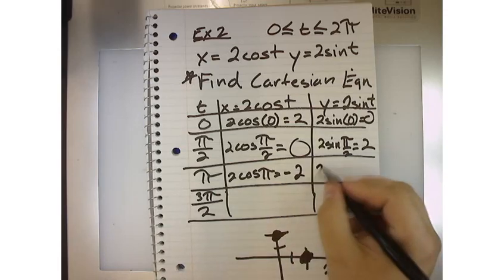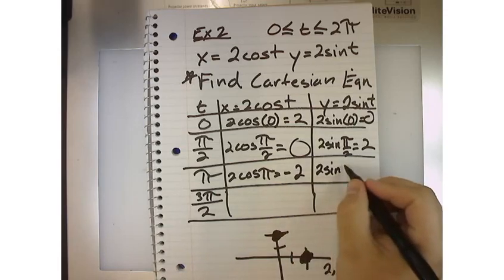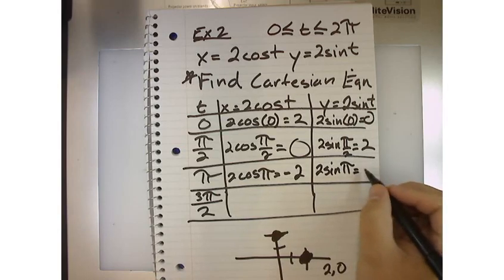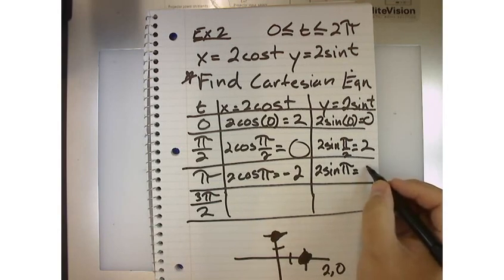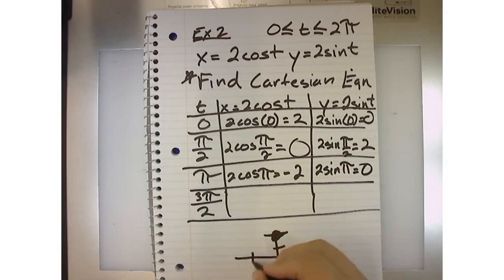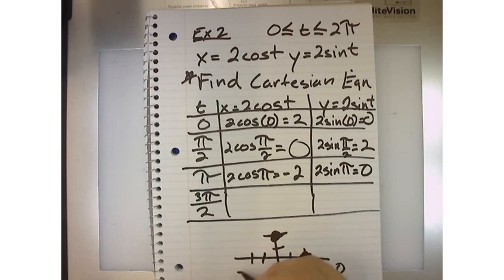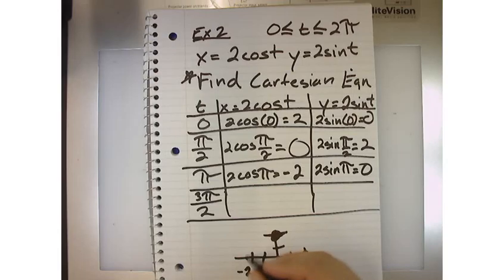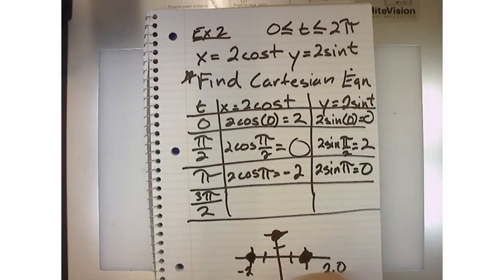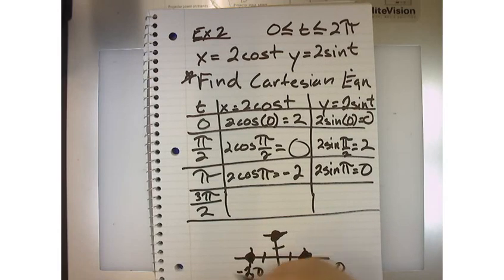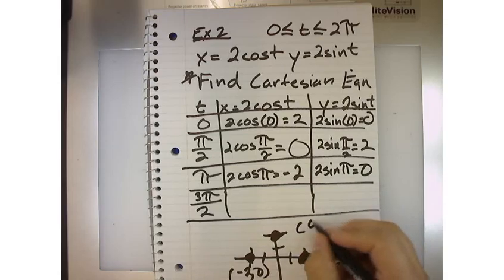And then 2 times sine of pi, normally that's 0, 0 times 2 is 0. So I've got this point here, -2 comma 0. And then this point is 0 comma 2.